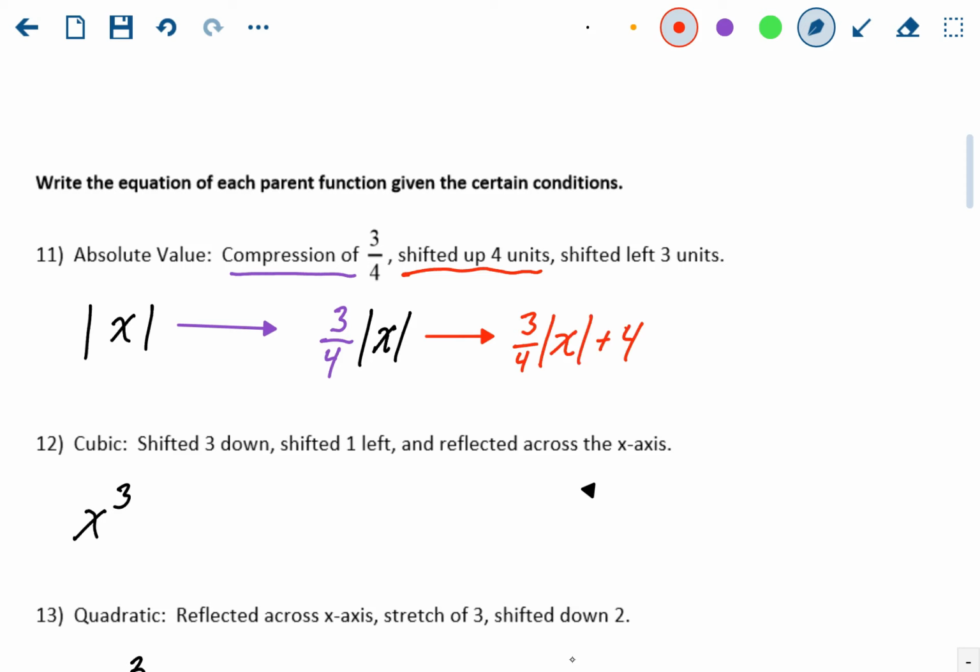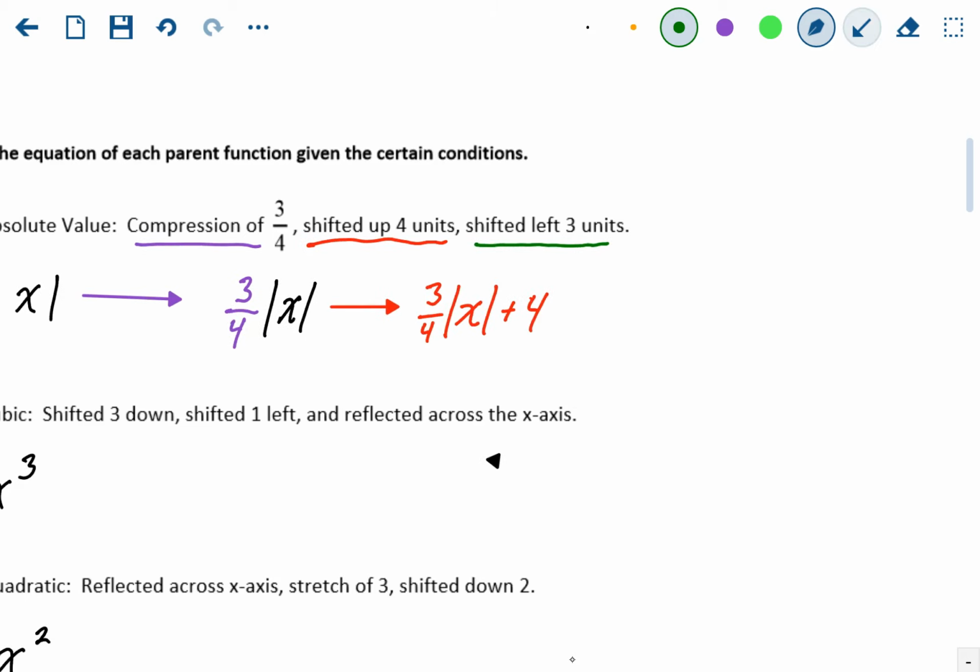And the last one, shifted left 3 units. Okay, so this is a horizontal translation. Horizontal translations have to go on the inside of the function. So it has to be with the x part. So we're going to have 3/4 absolute value of x, and then inside the absolute value bars has to be that left 3 units.